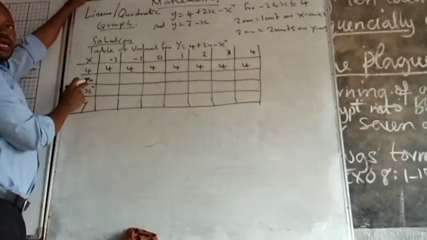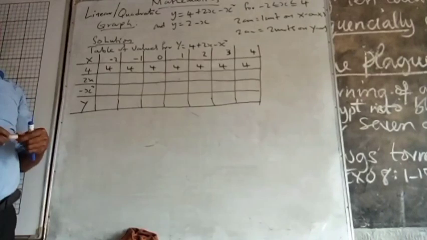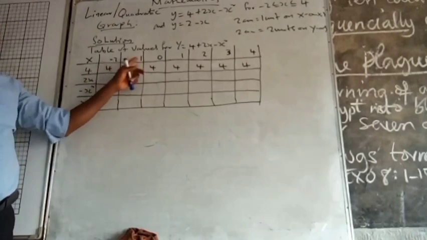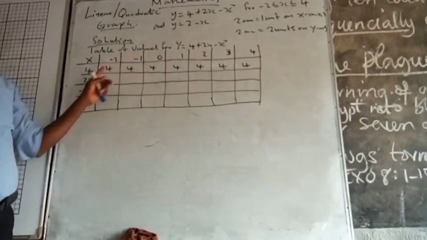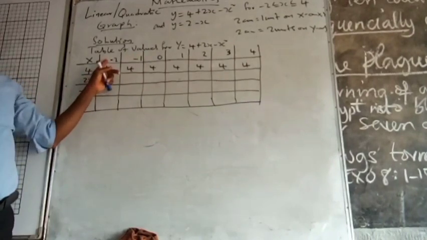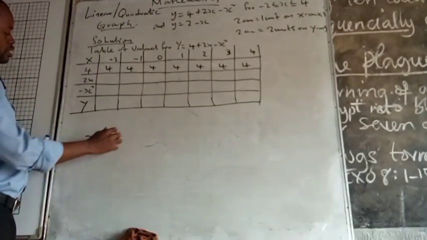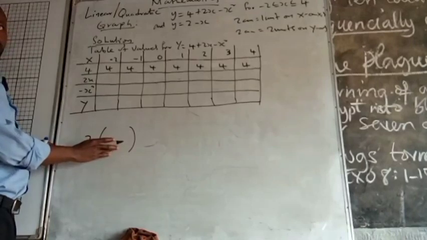Alright. Then 2x. The implication of 2x is that 2 is multiplying all the values of x. So for x being -2, I told you some time ago, have a space like this, and 2 is the multiplier.